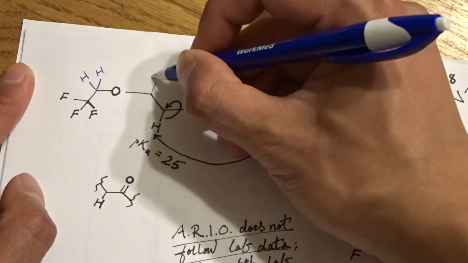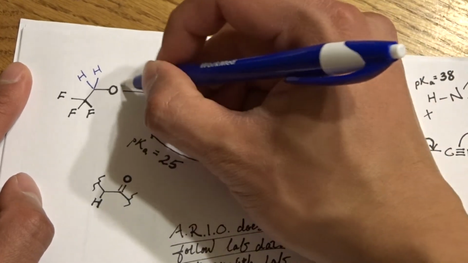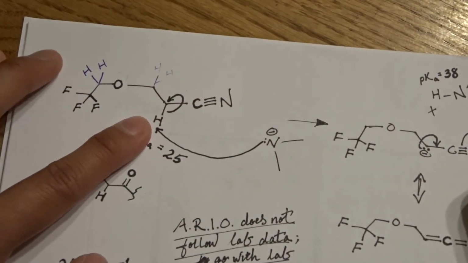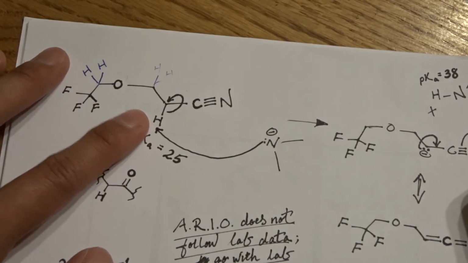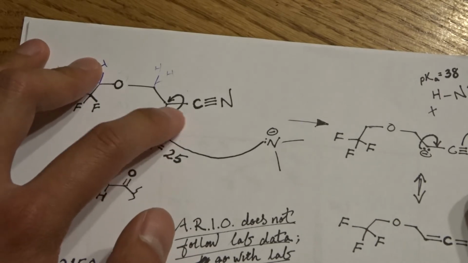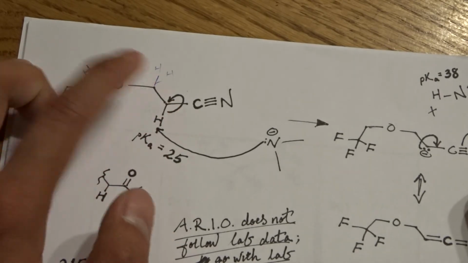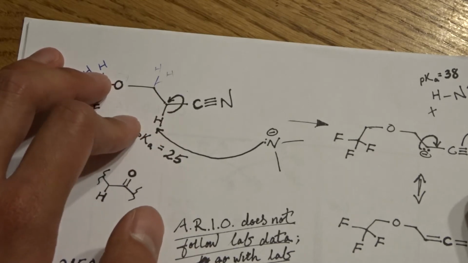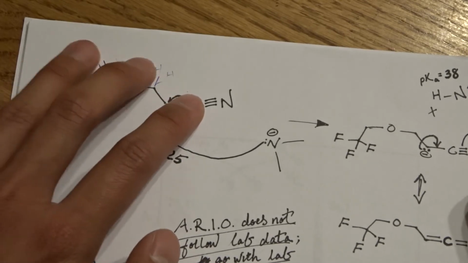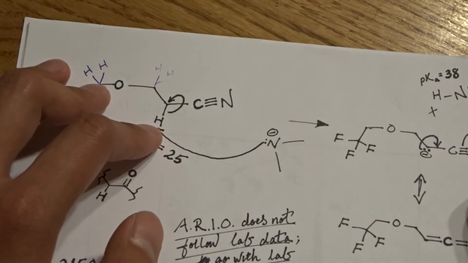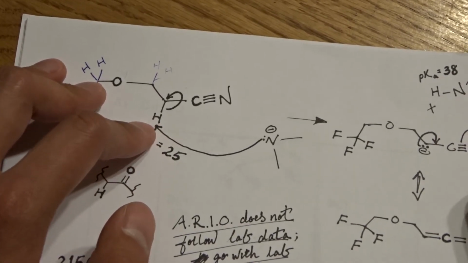This one is the same thing. So this is the only one, not only because these two are not an option, but because this is able to resonate up with this nitrogen after you pull off the hydrogen.